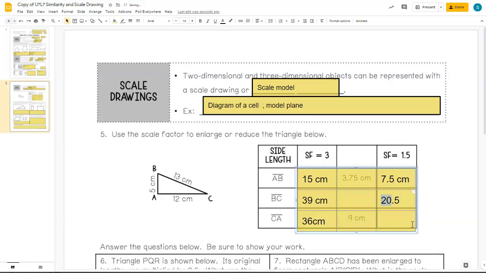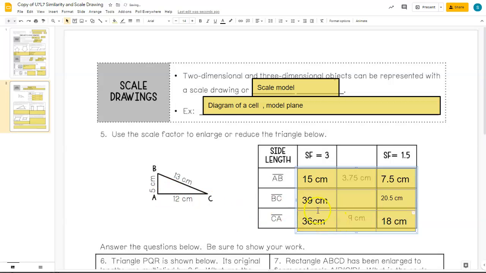I'm just going to make all that text smaller so the units fit in there as well. So, centimeters. And last one, again, we need to take 12 times 1.5. So that is going to be 18.